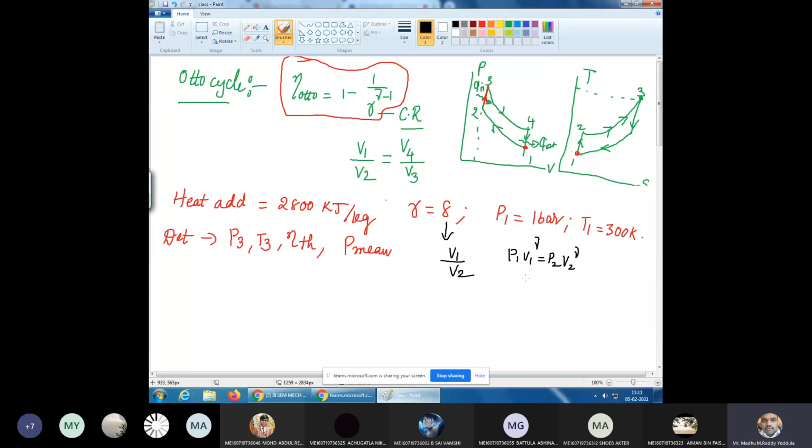From this, P2 by P1 is equal to V1 by V2 power gamma. As V1 by V2 is 8, P2 is equal to 1 into 8 power 1.4. Therefore, I will get the pressure at the end of the compression.